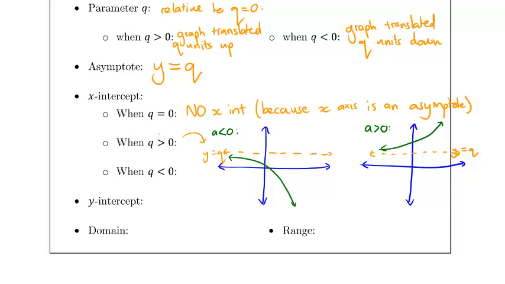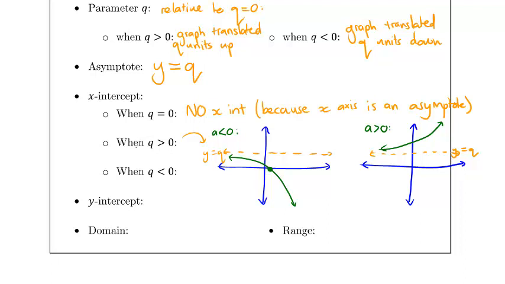When q is greater than 0, the whole thing shifts up q units. But if a is less than 0, look how I have an x-intercept now. Whereas over here, with a greater than 0 and q greater than 0, there's no x-intercept.